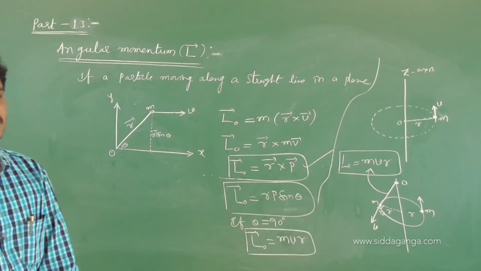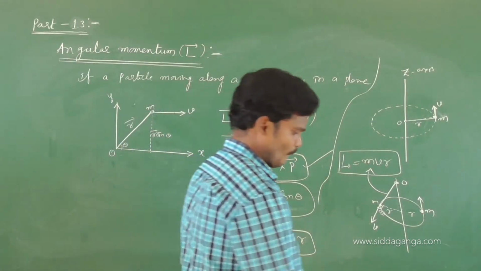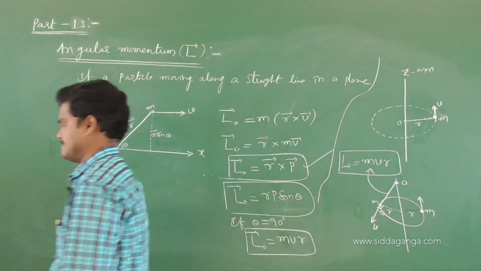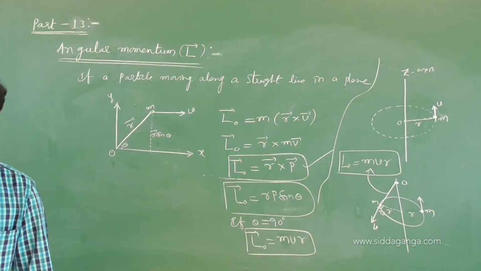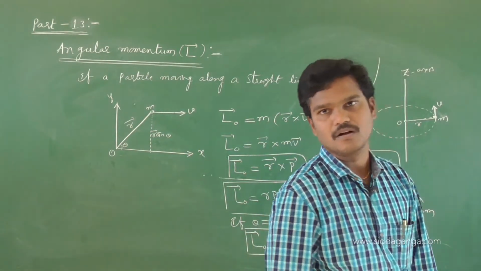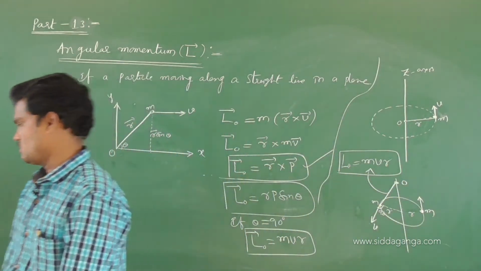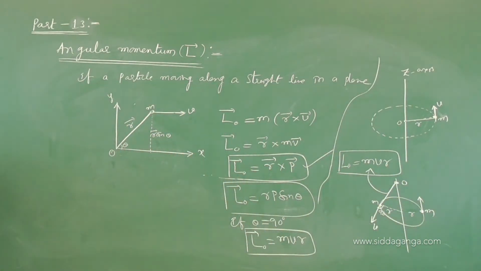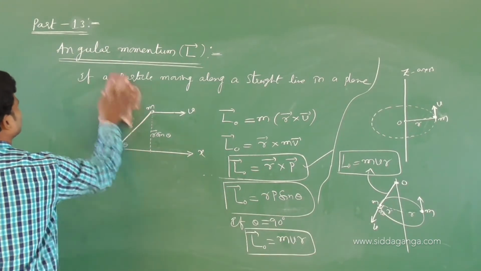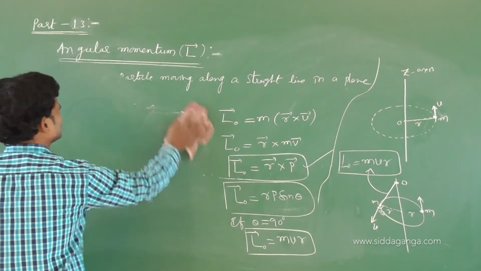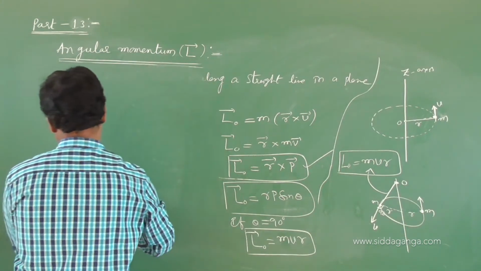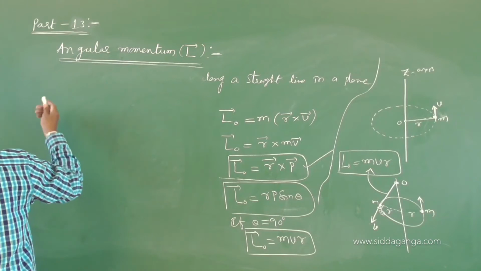Now let me get the angular momentum of a rigid body. Angular momentum is also a vector quantity like torque.